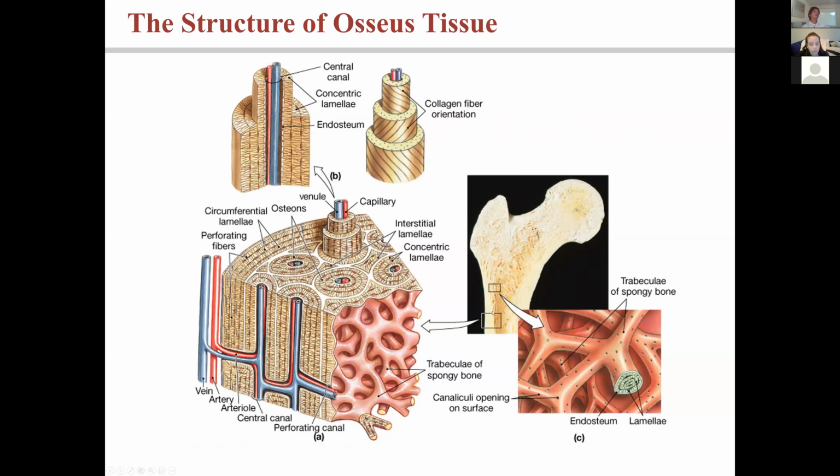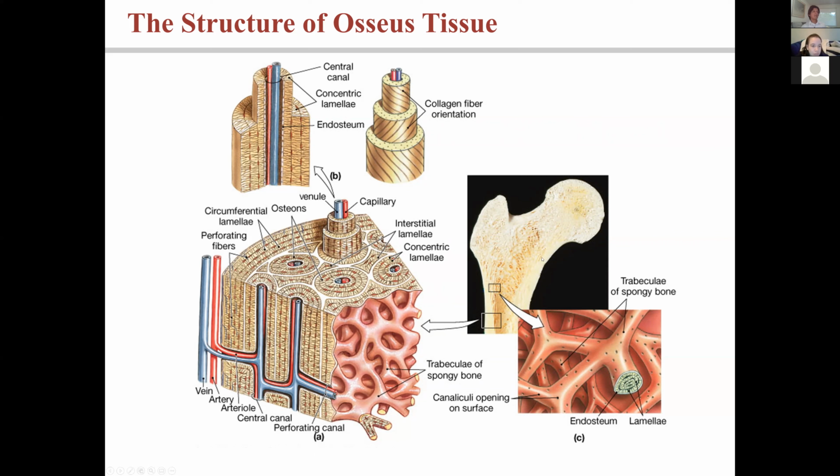Spongy bone, on the other hand: here in compact bone, calcification happens in a dense manner.